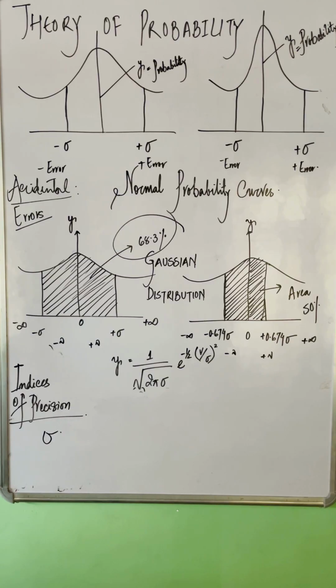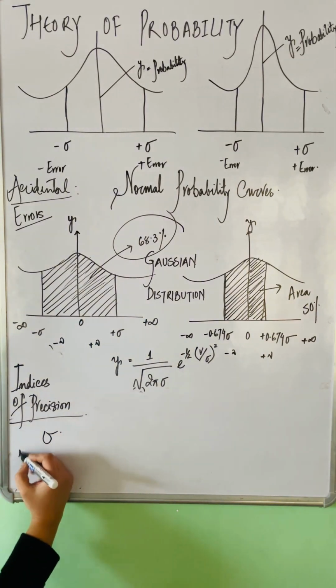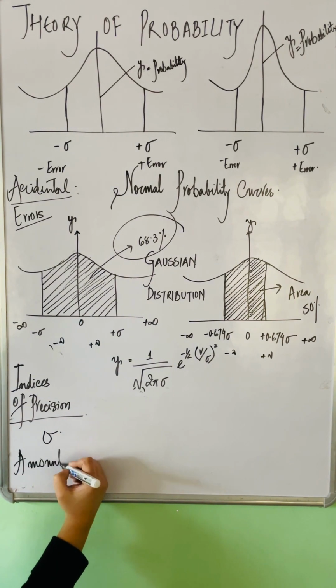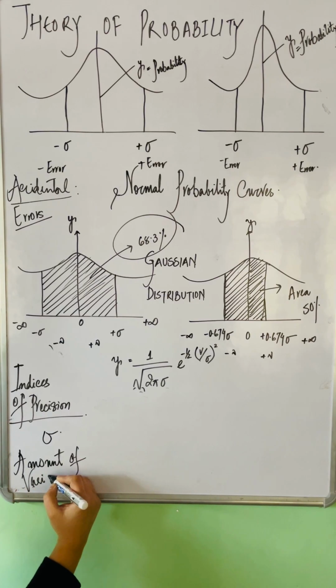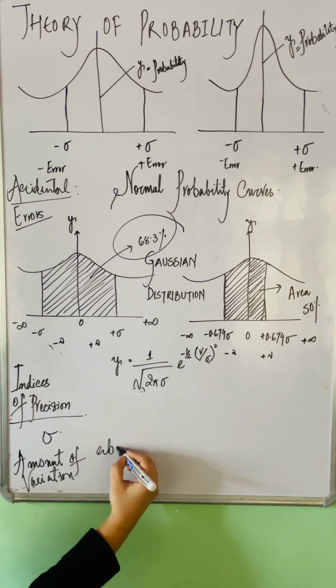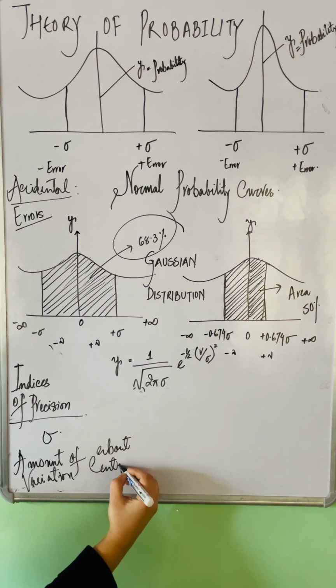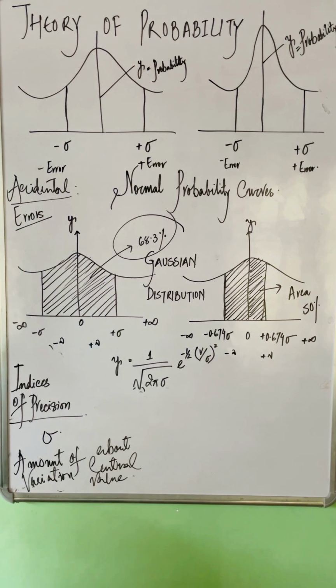It is a numerical value which indicates the amount of variation about a central value. The standard deviation establishes the limit of error bound within which 68.3% of the values of the set should lie.